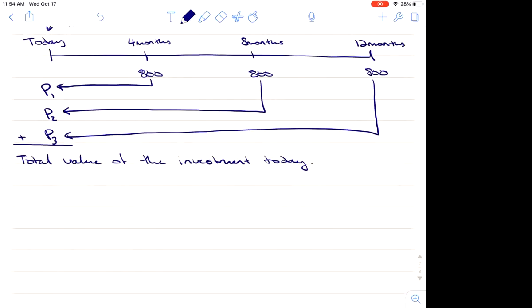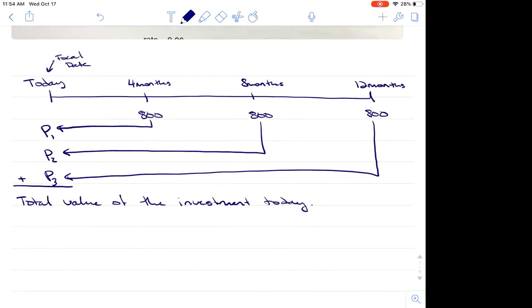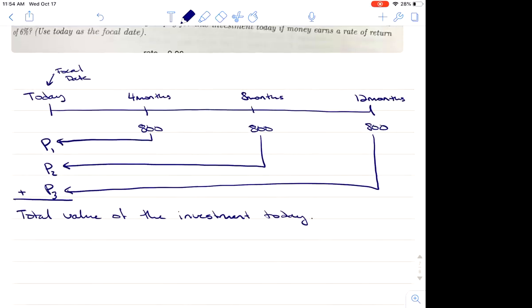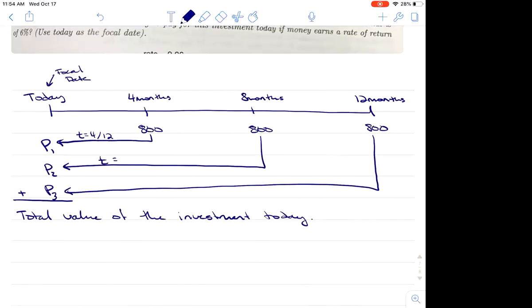So on here, we'll just finish off our timeline. T here is 4 months, so 4 divided by 12. Nice, no days between dates here. Great. T for this one we know is 8 months, so 8 out of 12, and T for this one is 12 months, 12 out of 12.